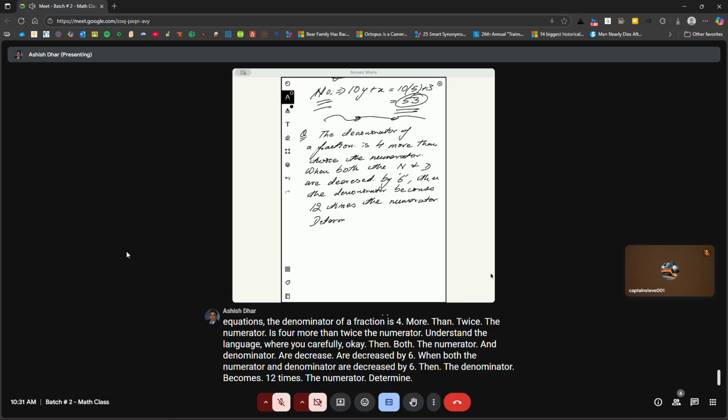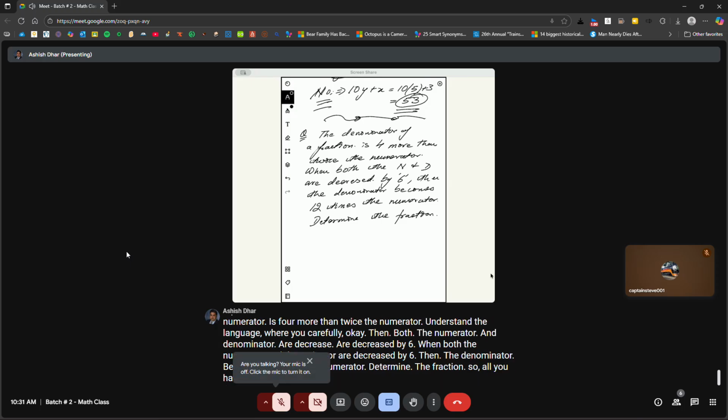Determine the fraction. So all you have to do is use this question to form the equation.